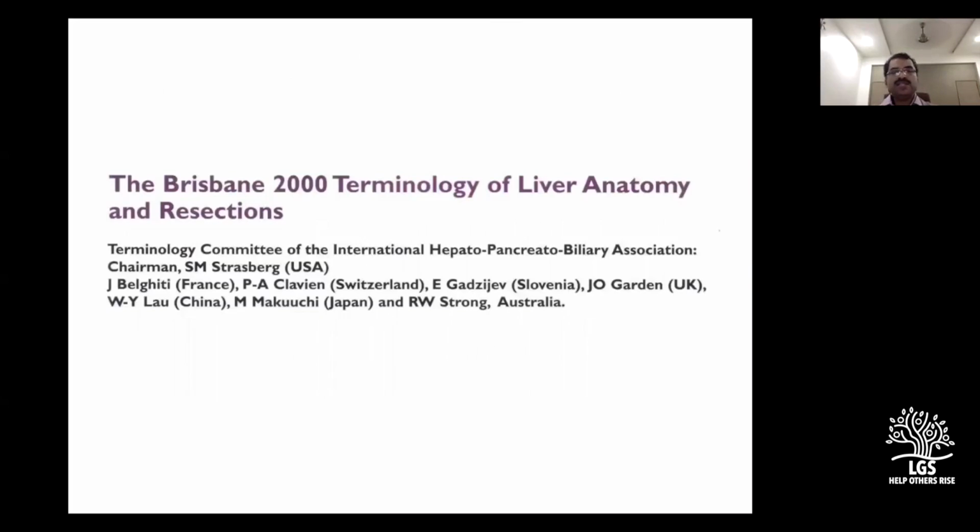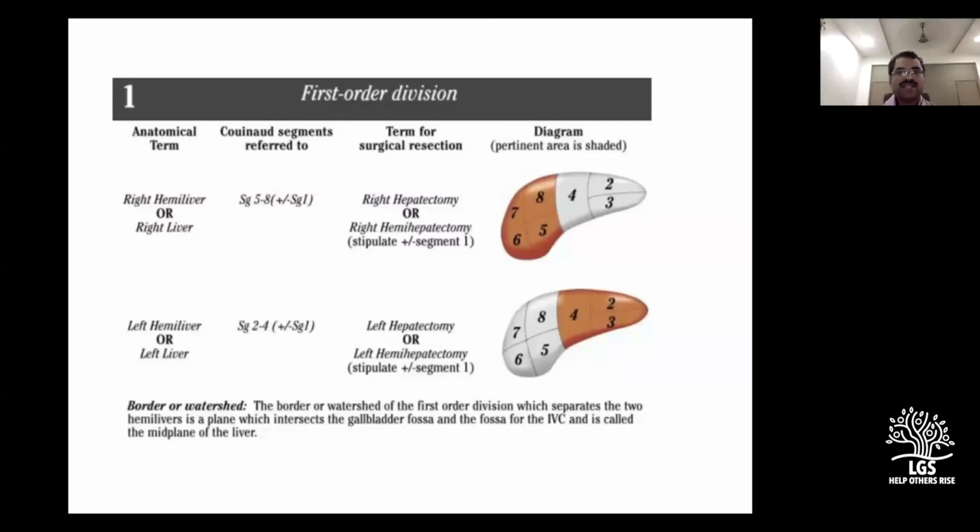Since there was confusion in Couinaud's terminology, there was a consensus meeting in Brisbane headed by Strasberg, and they changed the terminology of the liver into sectors. Instead of sectors, they used the term sections.